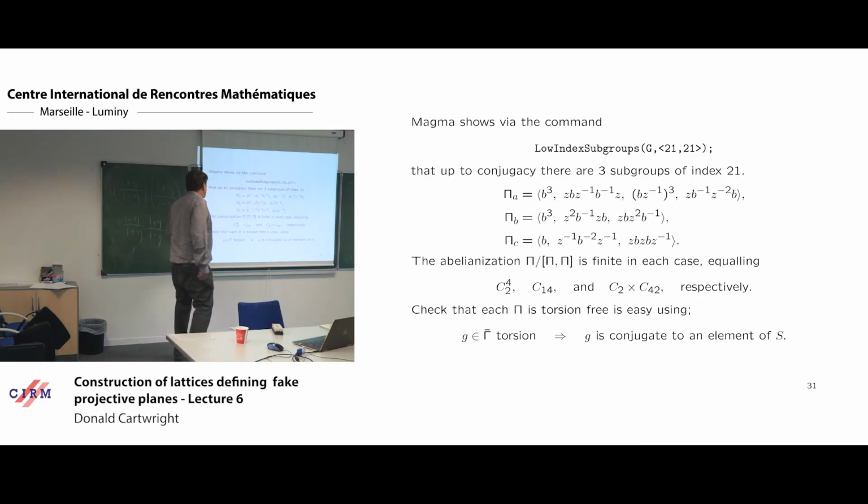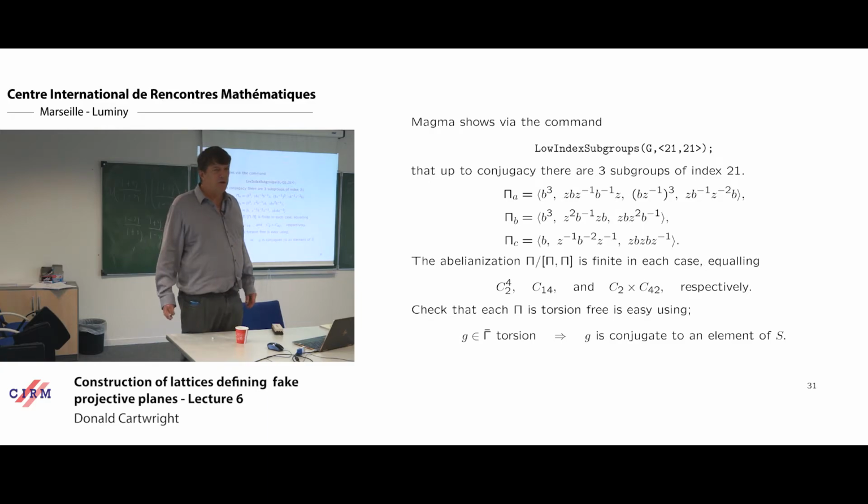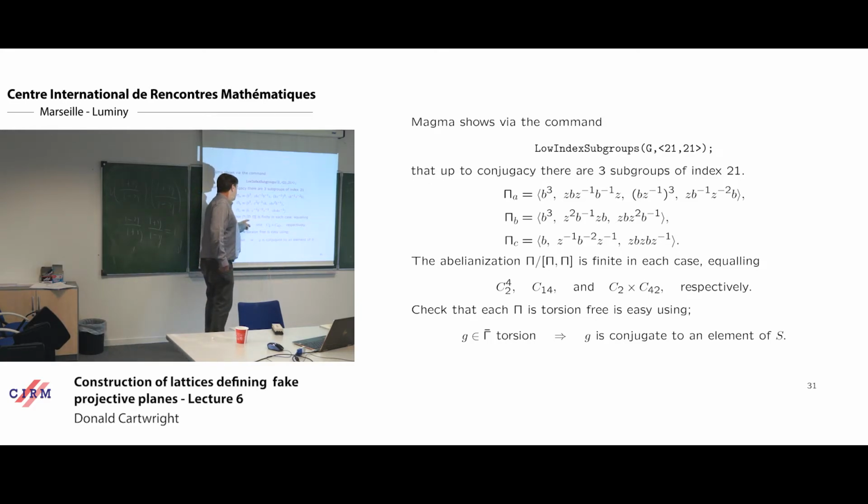And it's got a routine called abelian quotient invariants, which calculates the abelianization of each of these groups, and you get those finite answers. Okay, so that's one of the properties that the fundamental group of a fake projective plane has to satisfy. It's got to have B1 equal to 0, so that means this has got to be finite.